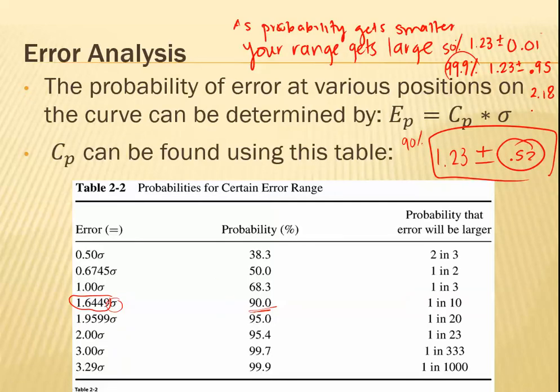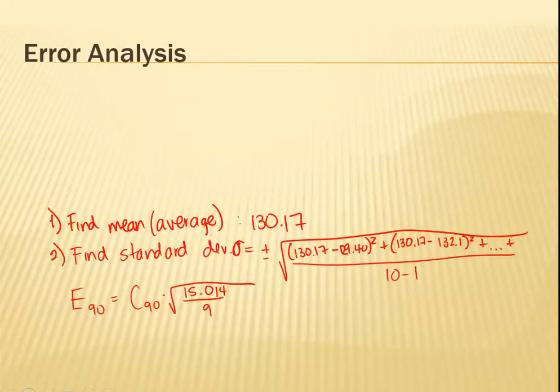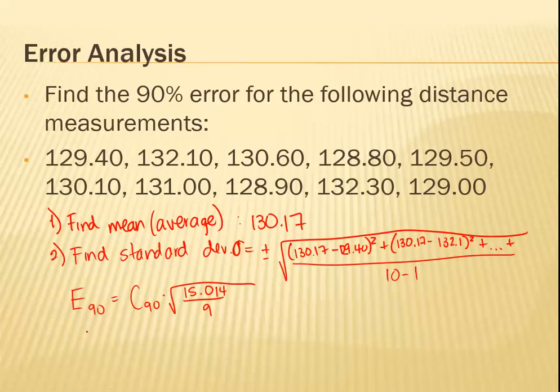At 90, we said we're going to multiply our standard deviation times 1.6449. So now E90 is equal to 1.6449 times this number, whatever that number is.